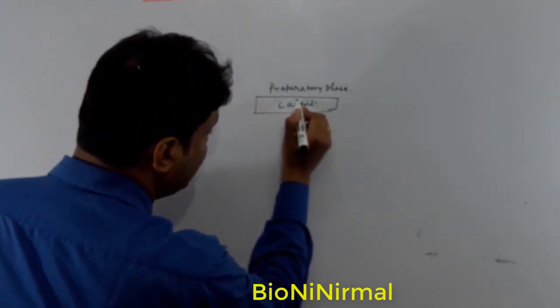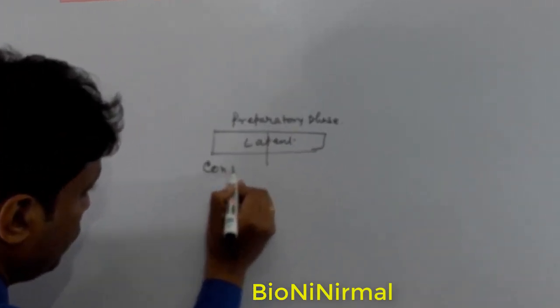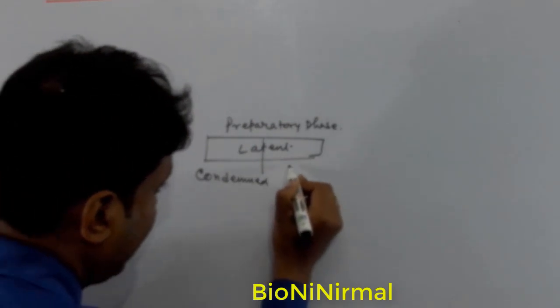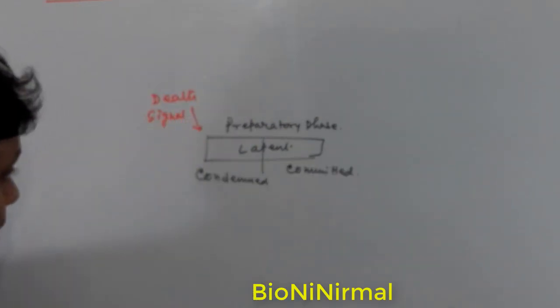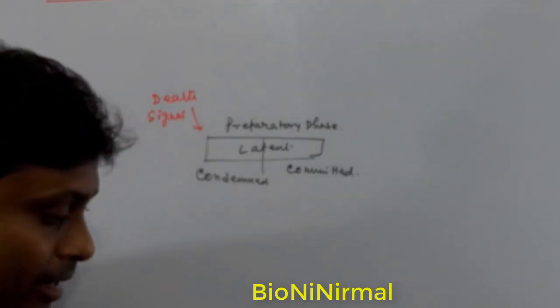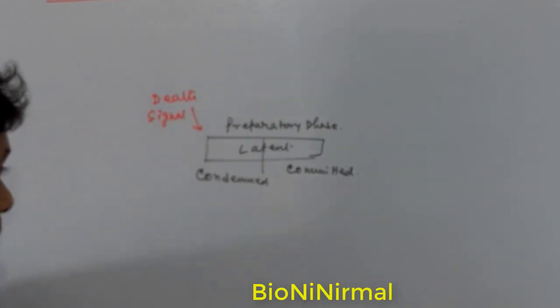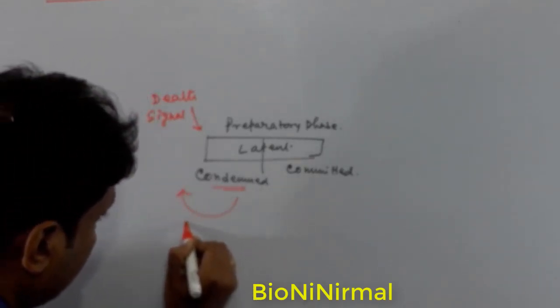The latent phase is divided into two subphases. One is the condemned phase and another is the committed phase. If a cell receives any death signal, then the cell will be prepared for apoptosis. But during the condemned phase, the cells can recover.